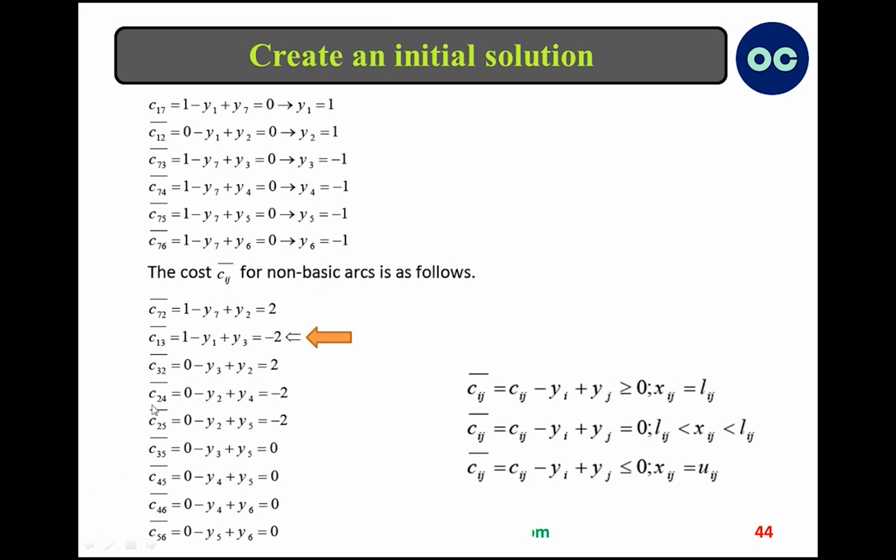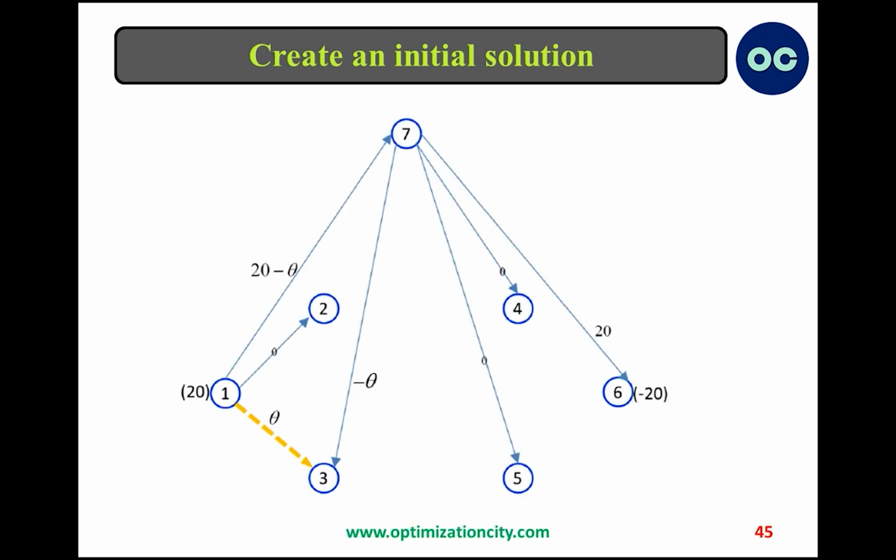Because arc 1,3 is at the lower bound and does not satisfy the optimality condition, it enters the base. The outgoing arc from the base can be determined from this process. Arc 7,3 is removed from the base and arc 1,3 enters the base.